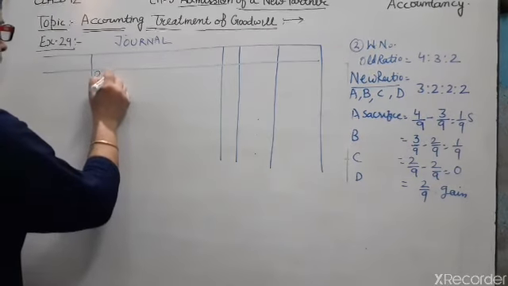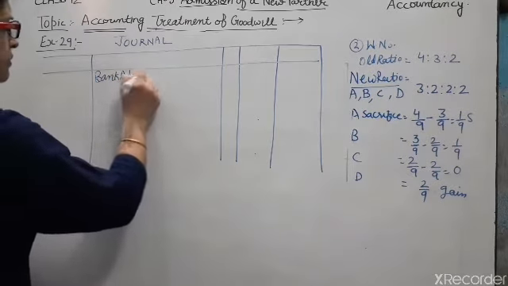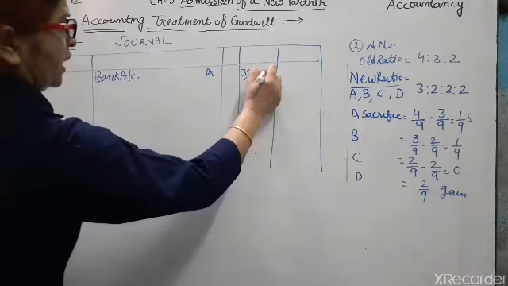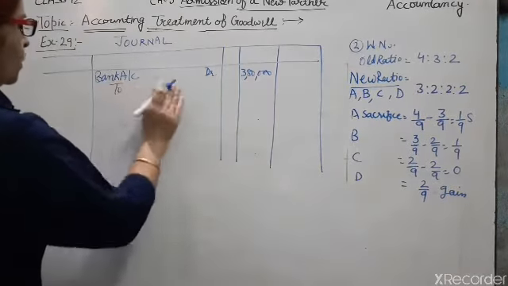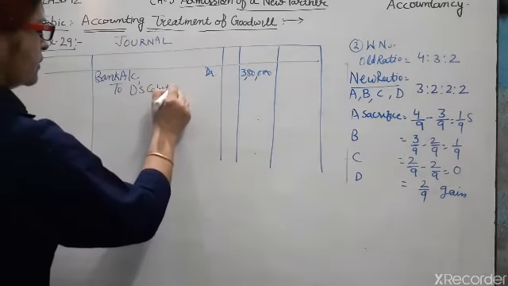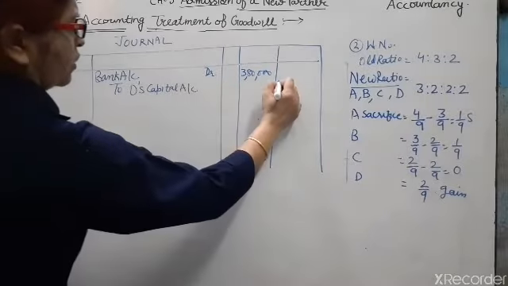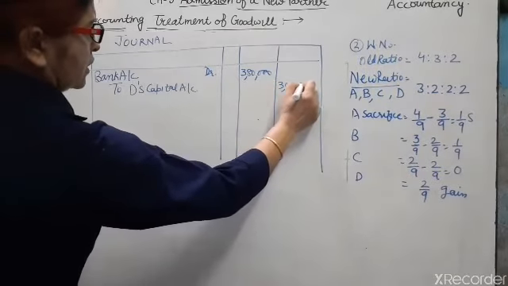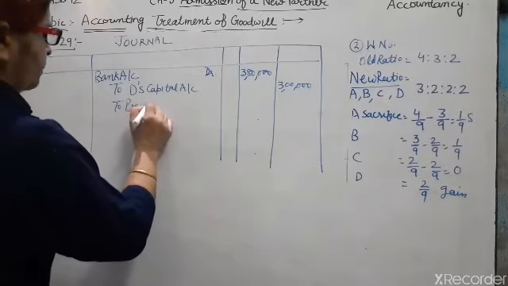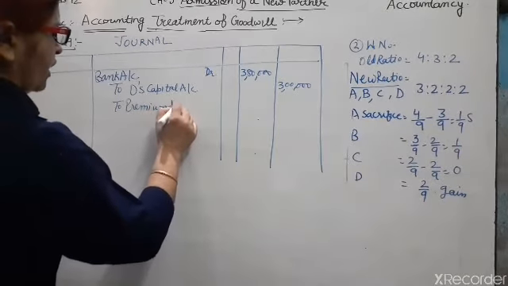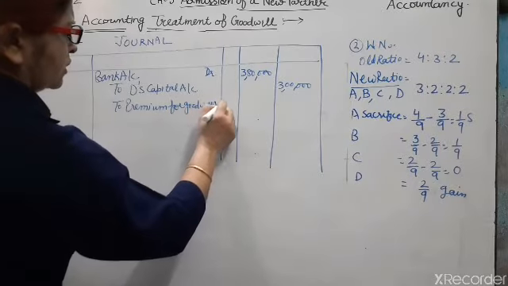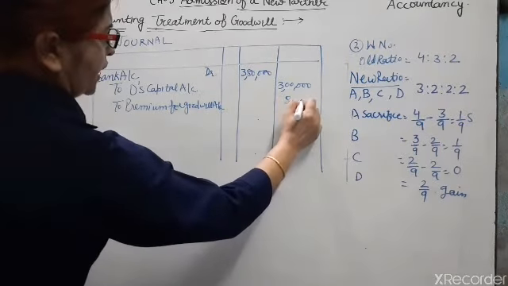Bank account debit 3,80,000 to D's capital account 3 lakh, to premium for goodwill account 80,000.